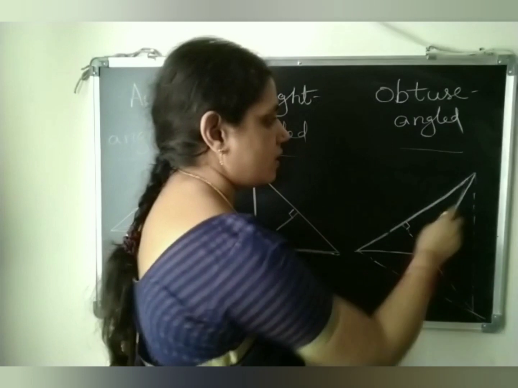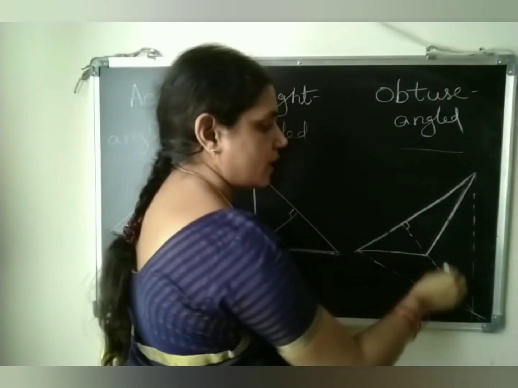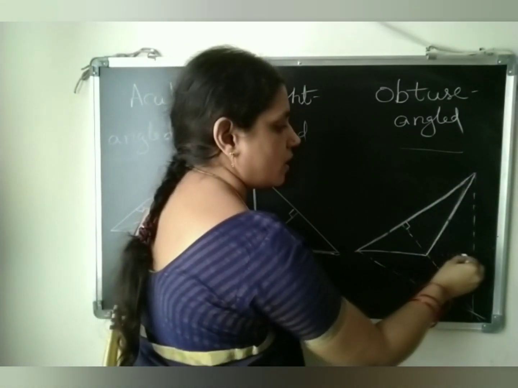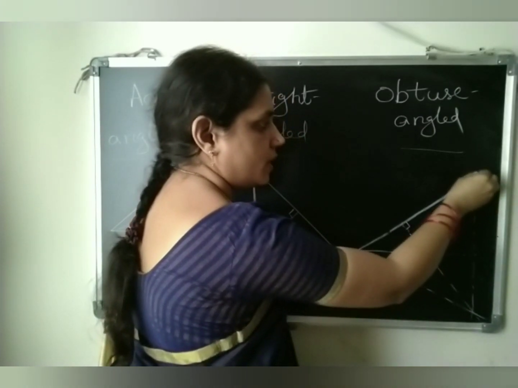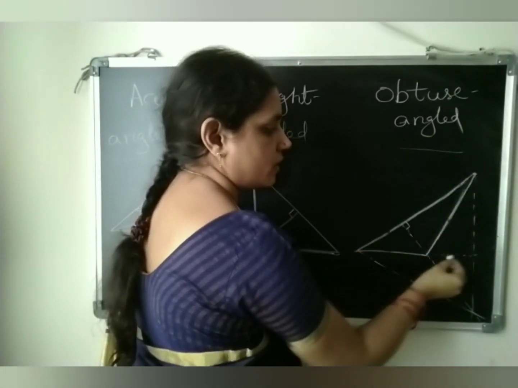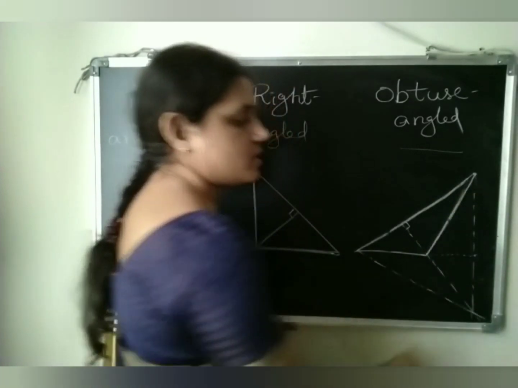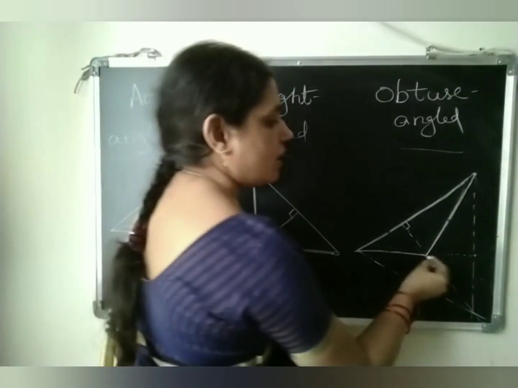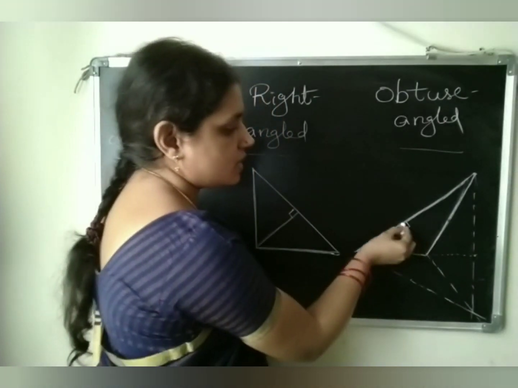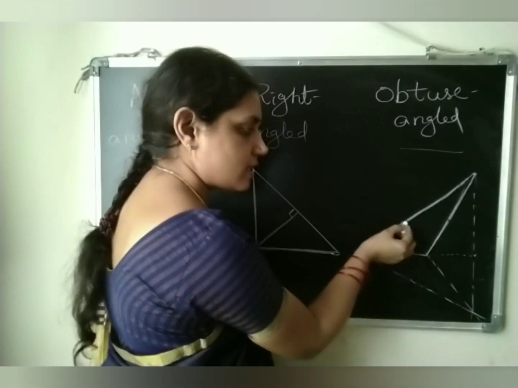Okay. Now here in the obtuse angle triangle, if you draw the perpendicular from this vertex, if you draw the altitude, then here actually we can extend it. Since it is a perpendicular, definitely we can extend. Then they will meet. Now here this is one more altitude that lies completely in the interior.